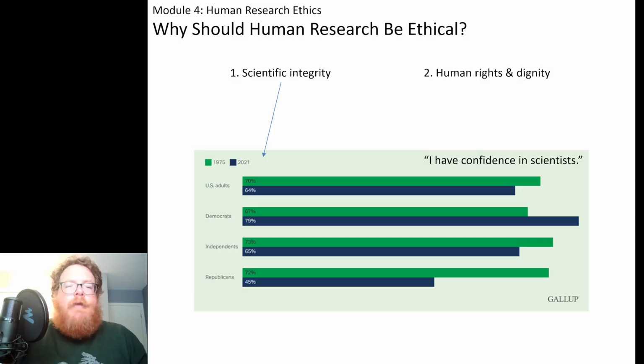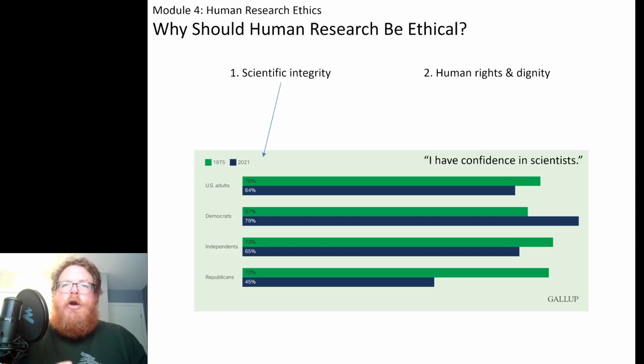So the reality is that every time some kind of unethical research study gets done, and especially when it hits the news media and gets publicized, that further erodes the confidence that people have in scientists. Because if you want science to be viewed with integrity, then you need to ensure that the people who conduct science hold themselves to the highest standard.